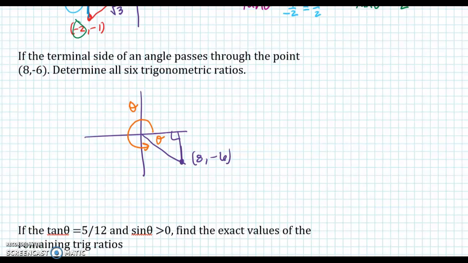So when you're doing your sine, cosine, and tangent, again, you've got to find that radius. So you have 8 squared plus negative 6 squared. And again, when you square that negative, it's going to become a positive.